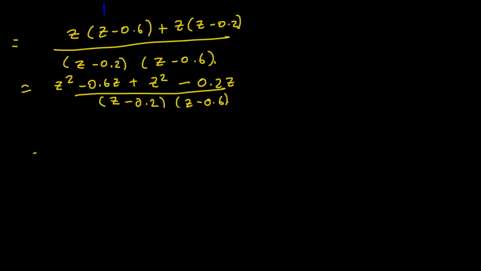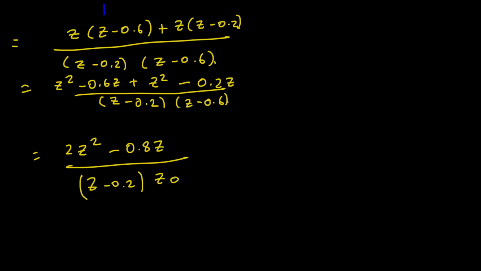Okay, if we simplify this one, Z square plus Z square, we are going to have 2Z square, and then negative 0.6Z minus 0.2Z, we're going to have negative 0.8Z. And in the denominator, we are going to have Z minus 0.2 and then Z minus 0.6.